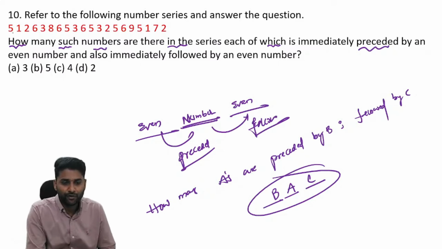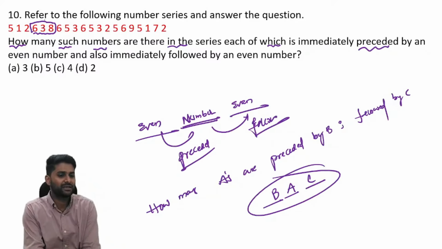We need a number whose before and after must be even. So 512 is not possible, 126 not possible, 263 is not possible, but 638 is possible. Why? Because 3 is the number which is followed by even and preceded by even.